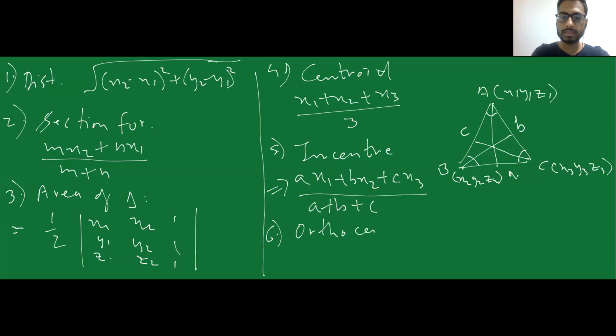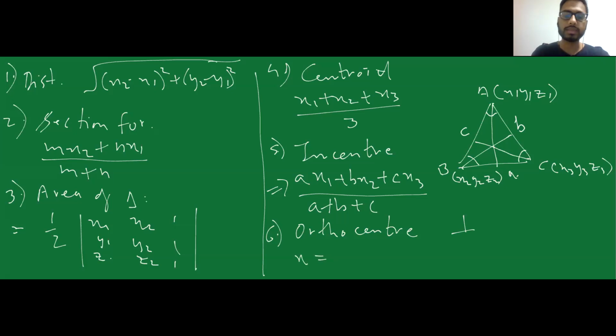Similar to incenter, we have orthocenter. Orthocenter is where all my altitudes, perpendicular to the other sides, are going to meet. So the point where all my altitudes are meeting is known as orthocenter.